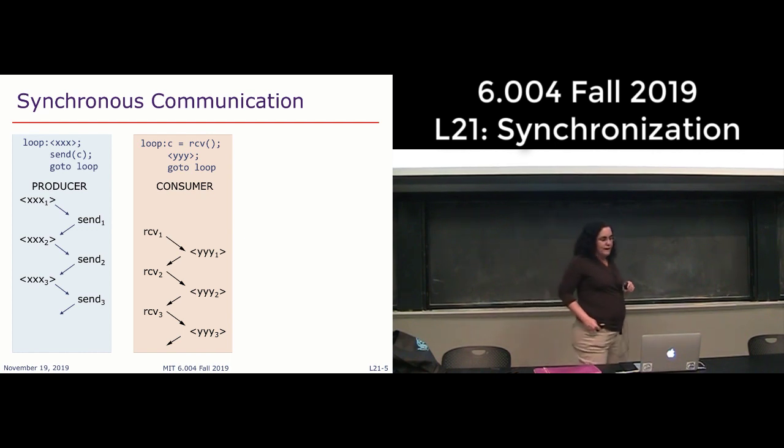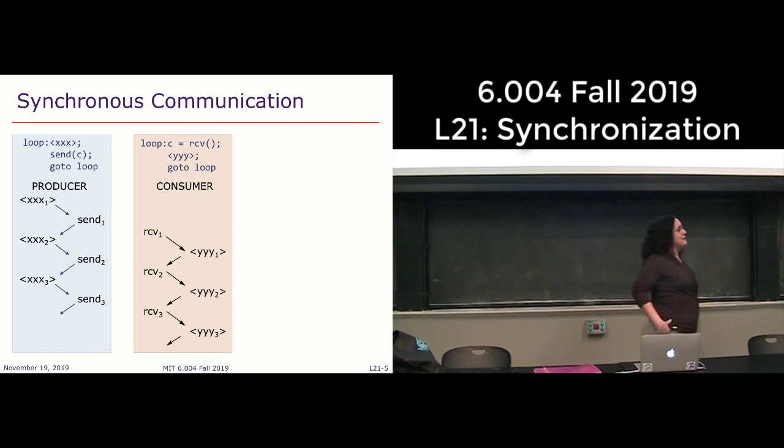Good. All right, so what do I mean when I talk about synchronous communication? Let's start off with this simple example. We've got here a producer thread and a consumer thread.